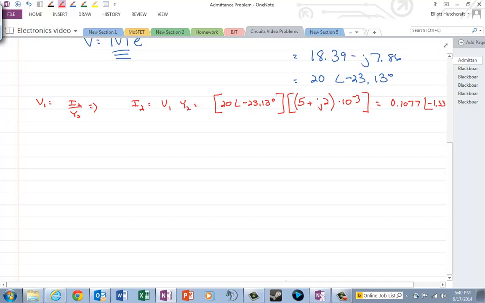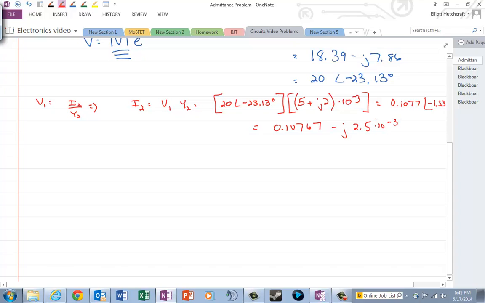Okay, so coming back over here, I've got that, and I'll also write this in real and imaginary parts so you can see it. I'll convert it back to rectangular form, and that's equal to 0.10767 minus j 2.5 times 10 to the minus 3.